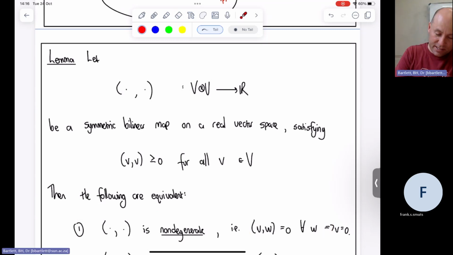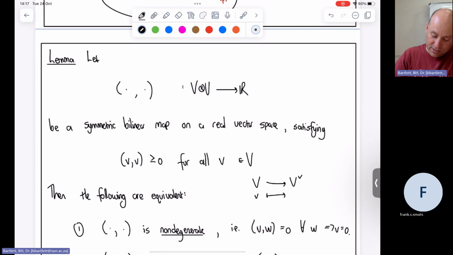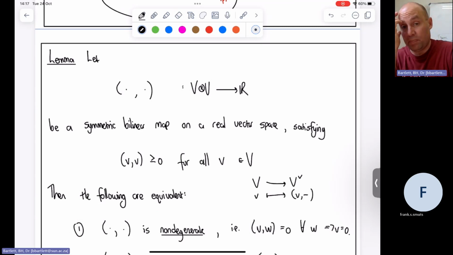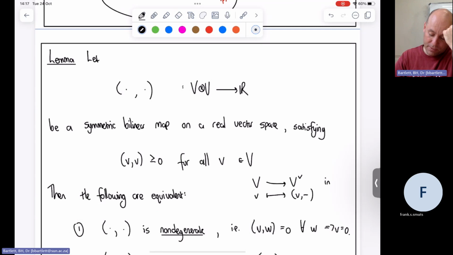That's exactly the same thing as saying that the map, because you've always got this map here, right? The map from V into V dual, which sends a vector V to the pairing of V with blank, right? And you want this to be an injective map. Of course, if V is finite dimensional, which is always the case for us, then being injective would imply that it's surjective as well. But the key thing is I want it to be injective, and that's exactly the same as this statement here, right?